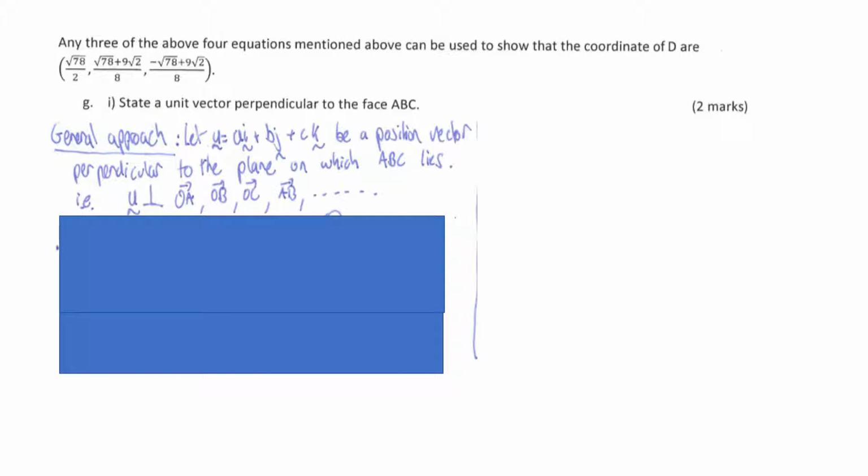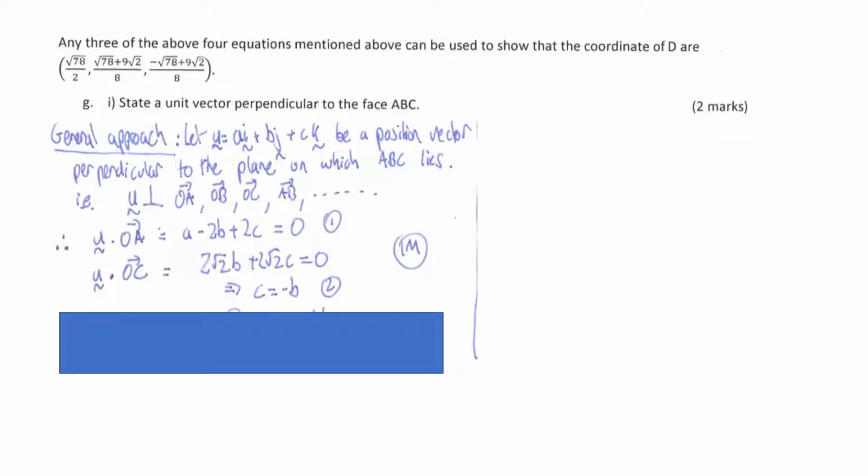All right, so what I'm going to do is choose any two non-parallel options that lie on the plane ABC. And as you'll see, I'm going to work with OA and OC. I'm not going to work with OA and OB. That's not going to get me very far because they're parallel, but choose any two that are non-parallel.